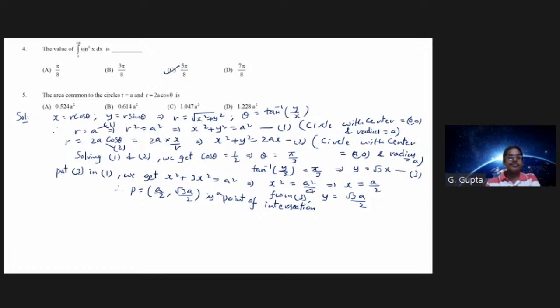So I will draw the circles. Y-axis, x-axis. So this is the center, origin.